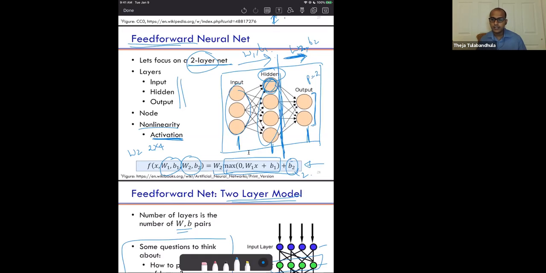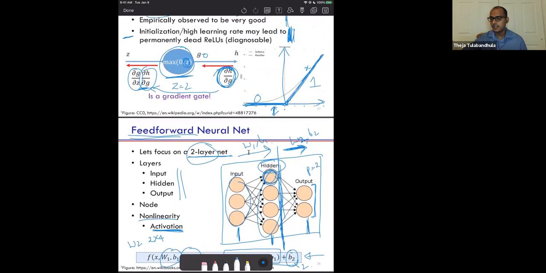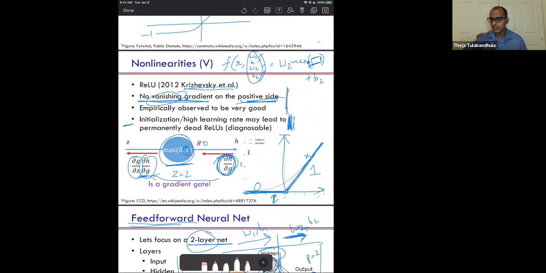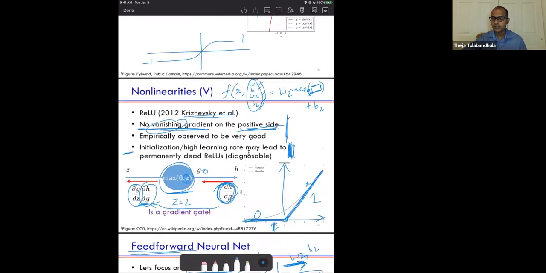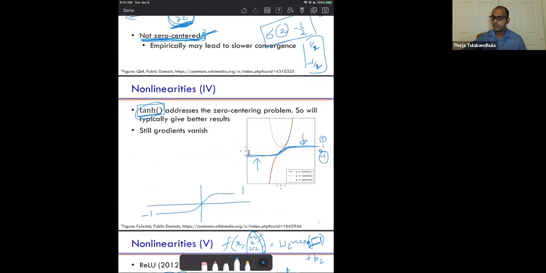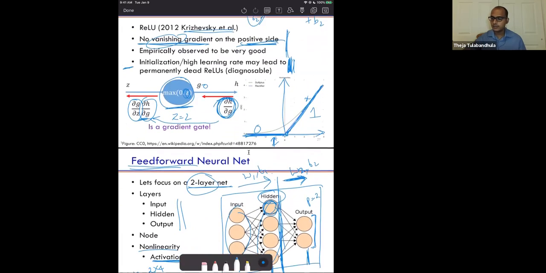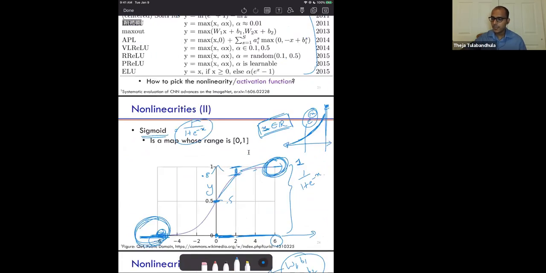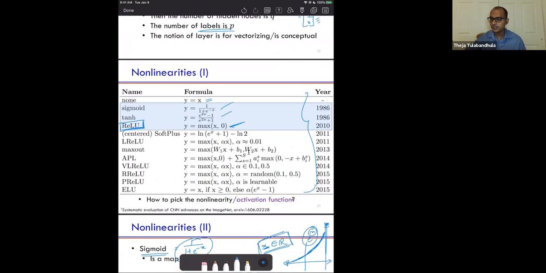How will we know when to use sigmoid and when to use saturated? Saturation depends on the numbers. But when to use sigmoid, you can always use sigmoid and see. When you change the choice of the nonlinearity, in the function example I was going through, I was just using max of x comma 0, but that's just one nonlinearity.